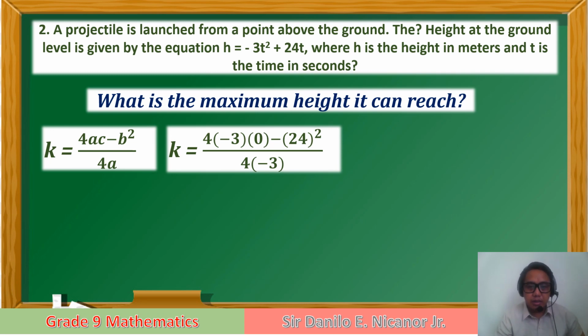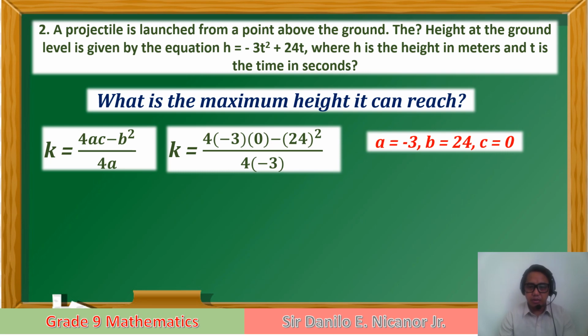Ang A natin is negative 3. Ang C is 0, kasi ito yung equation natin. Ang ating B is 24. Pause mo muna yan, try mo kung kaya mo sagutin. Pero kitang-kita natin na ang 4AC ay 0 na.